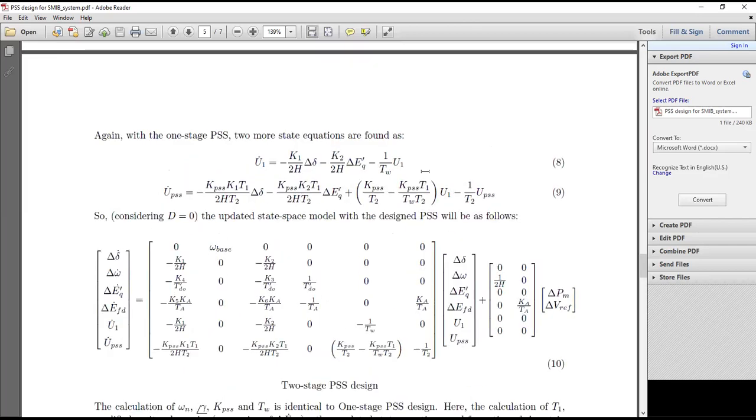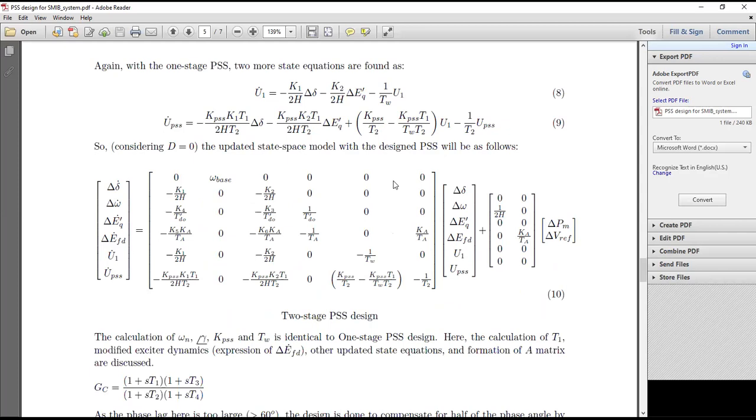This is where, after the derivation of these state equations, we should now be able to deal with the building up of this big A matrix.